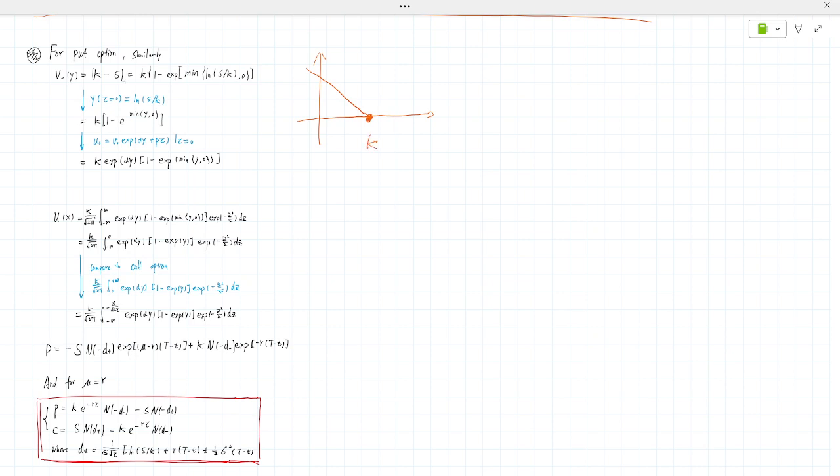But I'm too lazy to erase it. Okay, so the payoff of put equals K minus S plus. So if go below the strike price, you get the payoff of the difference. And before that, you get 0. Betting against the stock.